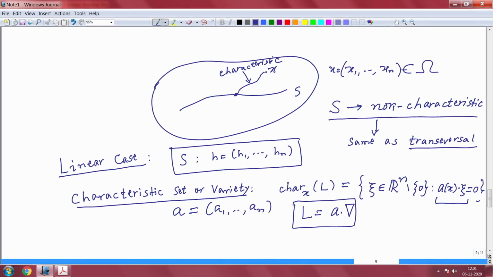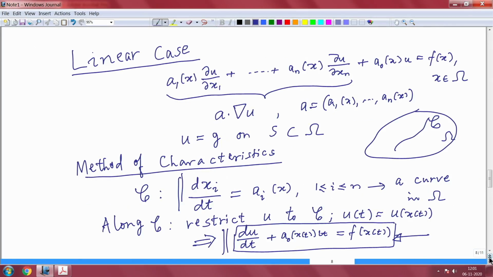Then, because what we have obtained is that here this xi and u are obtained as functions of s and t. See, here we are not yet given the initial conditions.